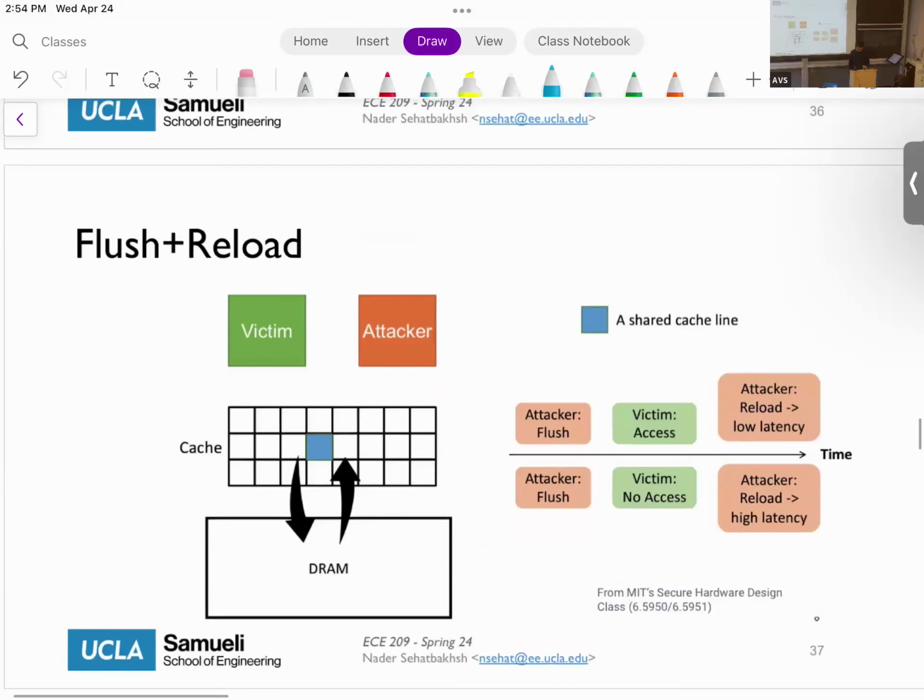Okay. For example, I'm showing you another one called flush and reload. Flush and reload is a little bit simpler than prime and probe. Here we assume that the victim and the attacker share a line together. The reason that different applications might share a line is because, for example, think about all these standard libraries like printf, scanf.